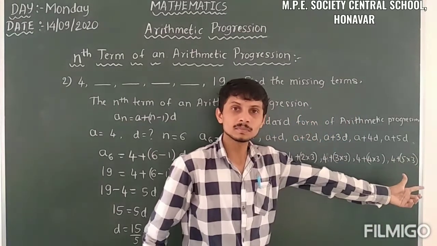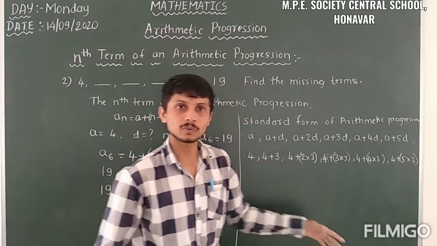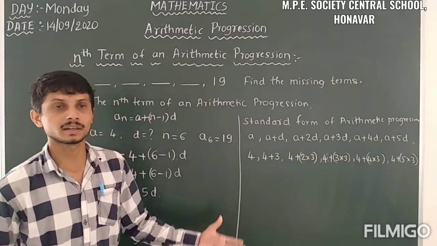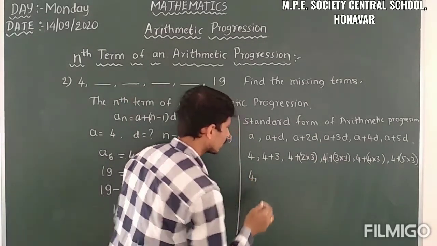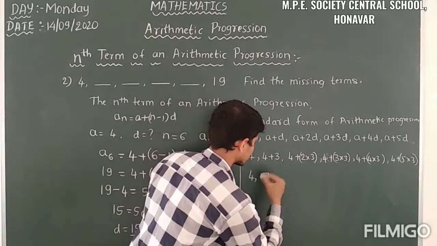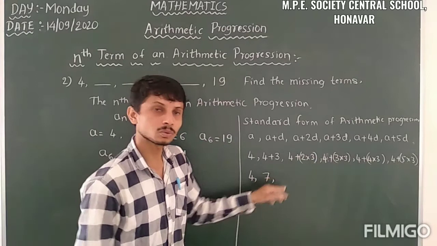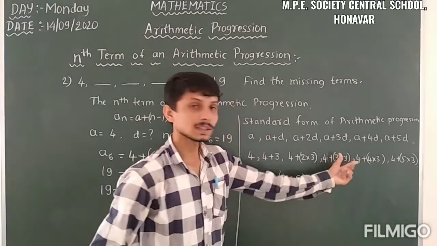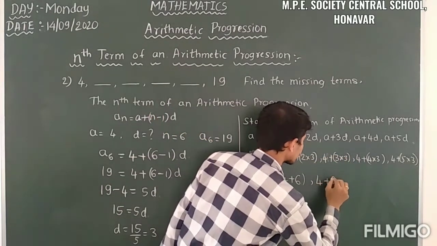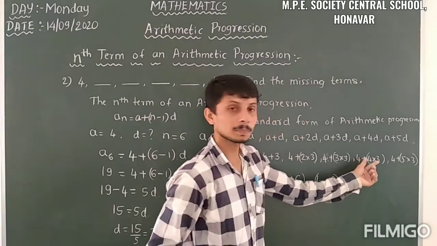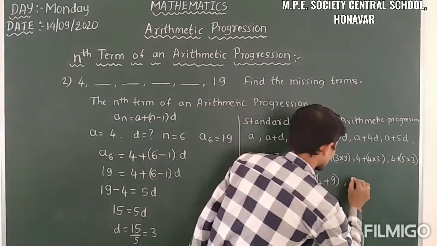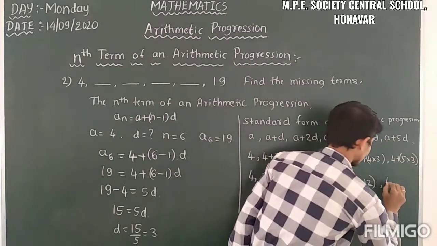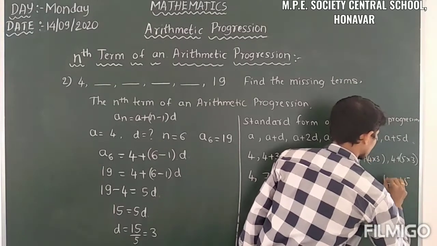After that we also have to check whether the arithmetic progression is correct and the value of d is correct. So 4, then 4 plus 3 is 7, 4 plus 3 into 2 is 6, so 4 plus 6, then 4 plus 3 into 3 is 9, so 4 plus 9, then 4 plus 4 into 3 is 12, so 4 plus 12, and 4 plus 15.